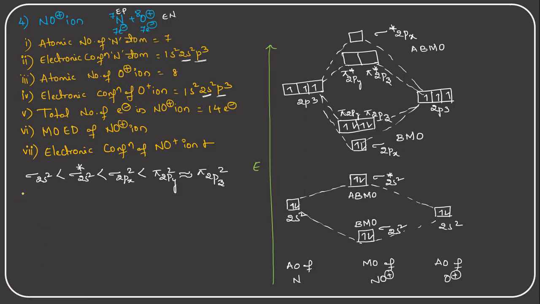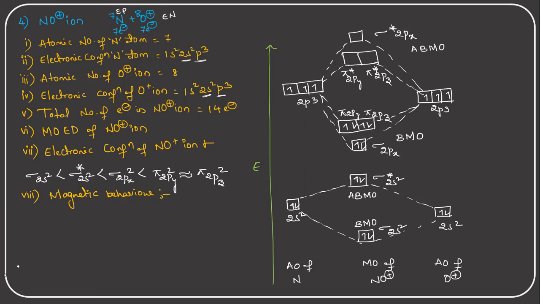And the eighth point is, after adding the electronic configuration of molecular orbitals, we have to see for the unpaired electrons. Is there any unpaired electrons? No unpaired electrons are present. So the magnetic behavior of this particular molecule will be what?